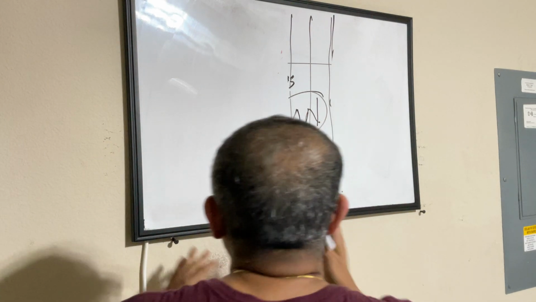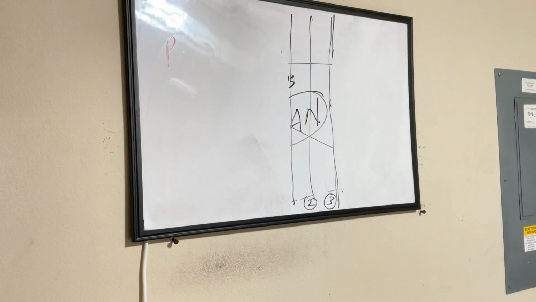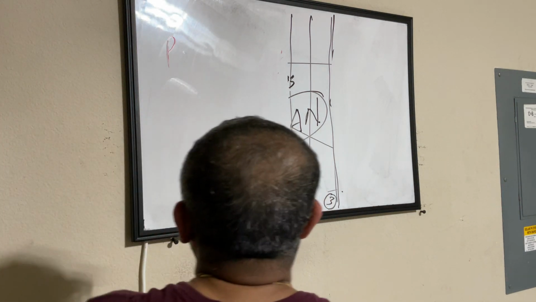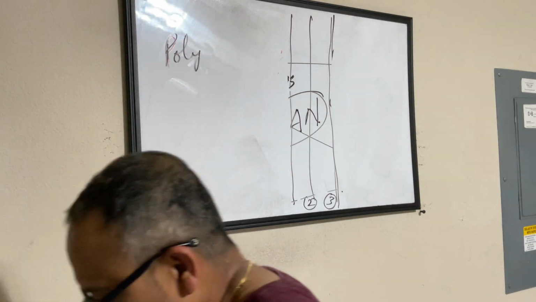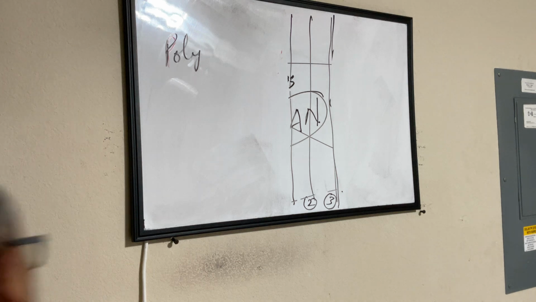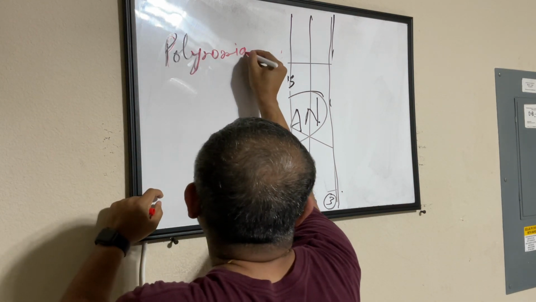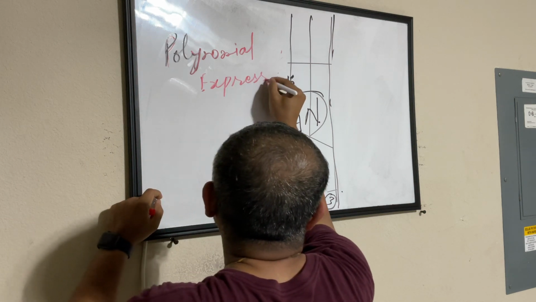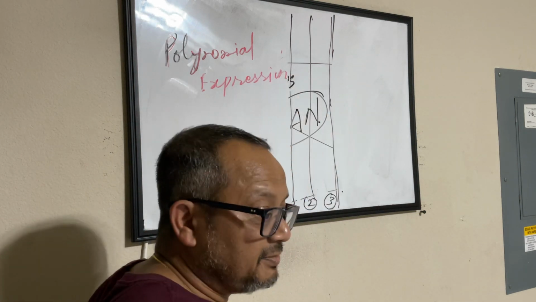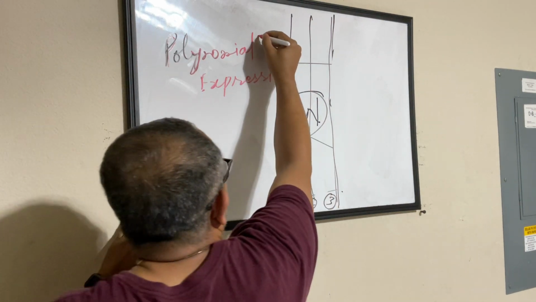Okay. Polynomial expression. Let me decode it and make it as simple as it could be. Polynomial has a meaning to it.